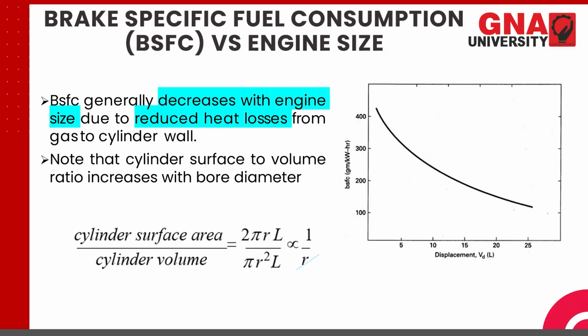So this ratio is proportional to 1 by r. So as we increase the r, what happens? This ratio, surface area to volume ratio, decreases. So due to this decrease, the heat loss also decreases, because heat loss is directly proportional to the area which is available for the heat.